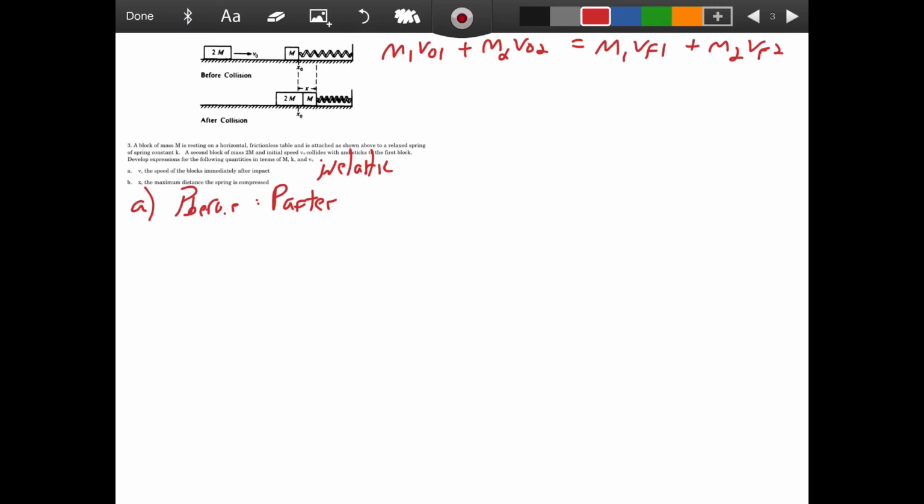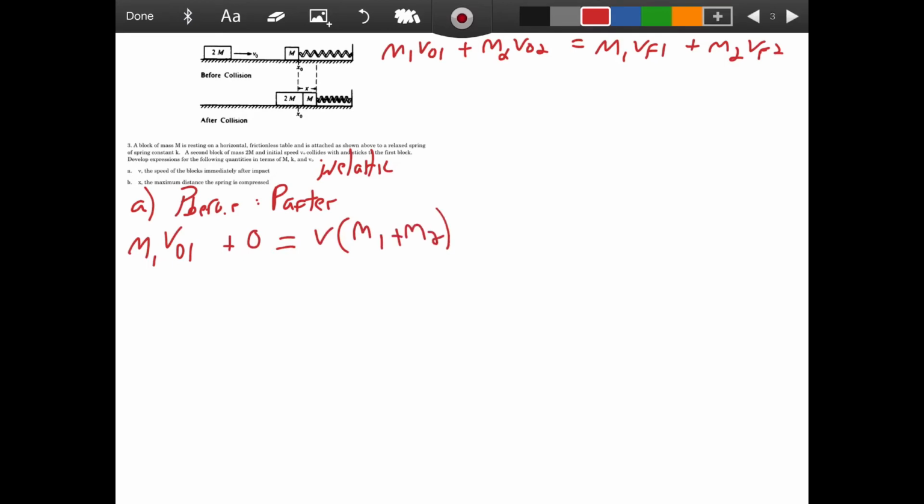So let me set up this formula. We have the mass of 1. Now this block is just sitting there, so that's going to be all the momentum before the collision, equals, they both have the same final velocity, times m1 plus m2.